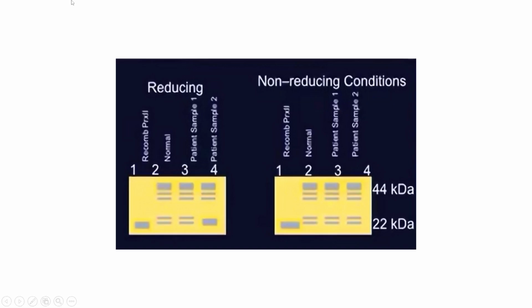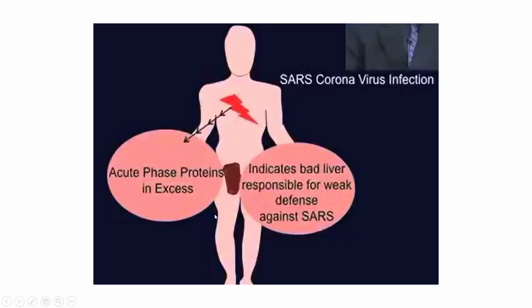So it will change depending upon the reducing and non-reducing conditions. We also talked about this during the question and answer session in the last lecture when we were talking about one-dimensional SDS-PAGE. Because of the reducing agent, this got reduced into 2 here. So acute phase proteins in excess indicate a bad liver, responsible for weak defense against SARS.